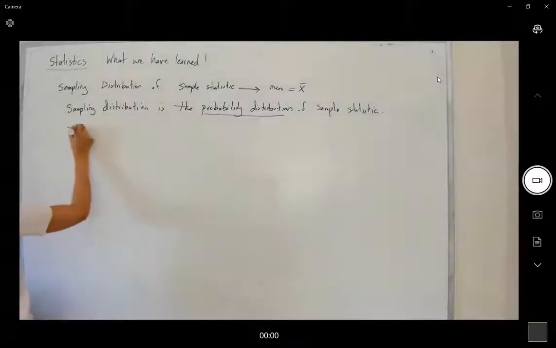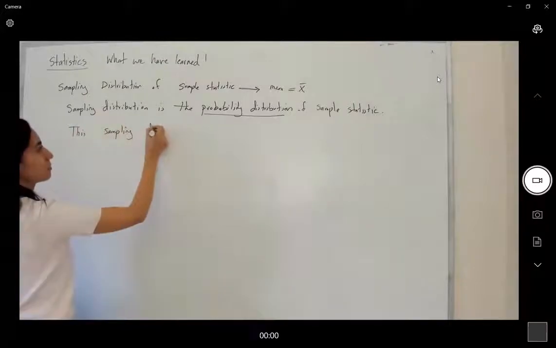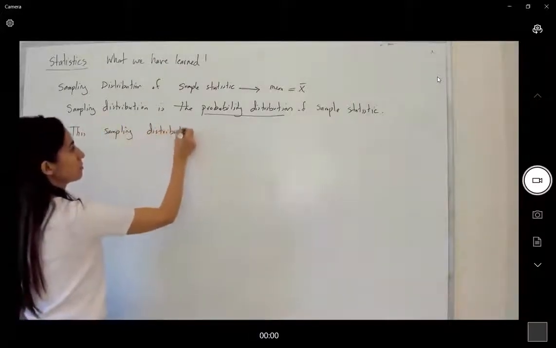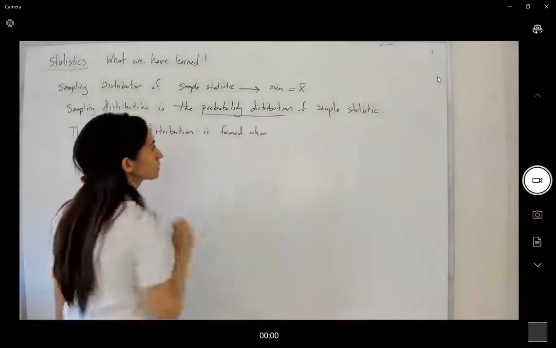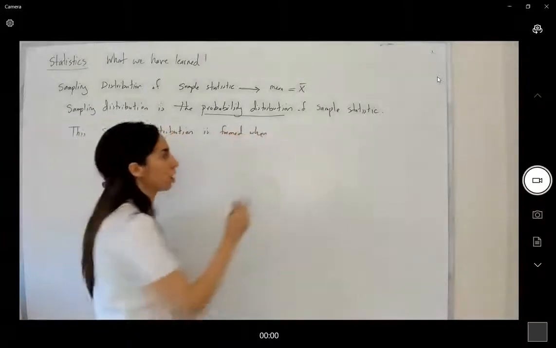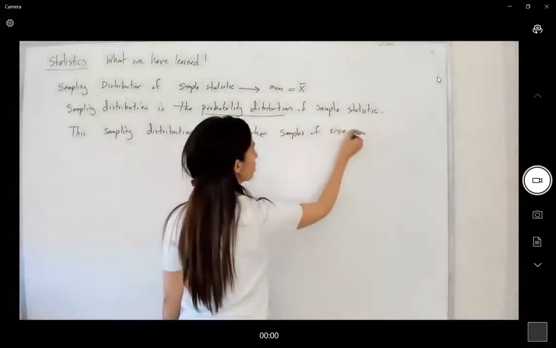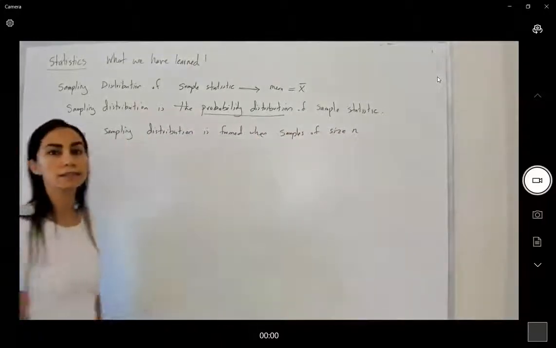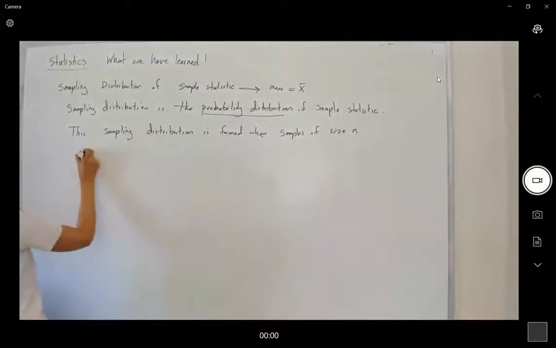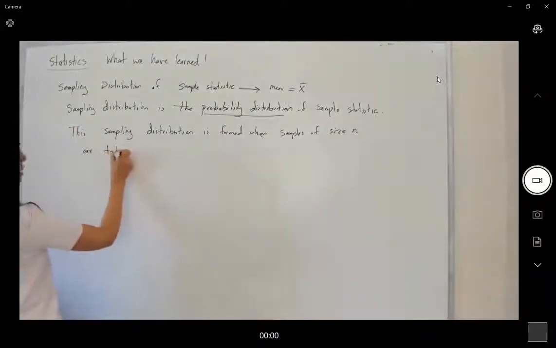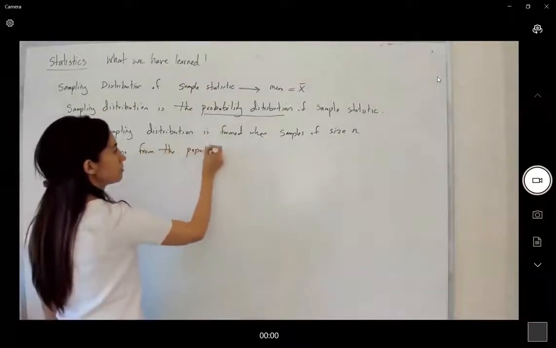This sampling distribution is formed when samples of size n are repeatedly taken from the population.